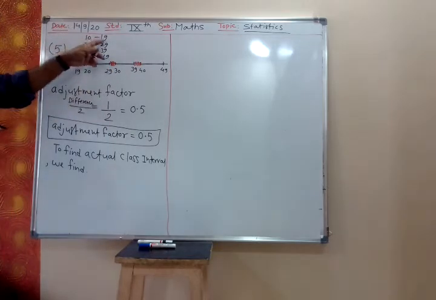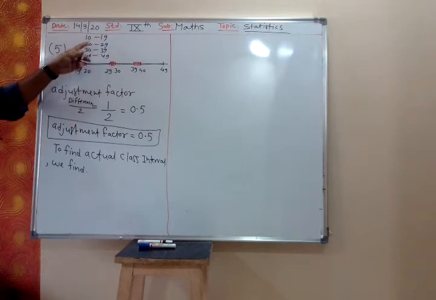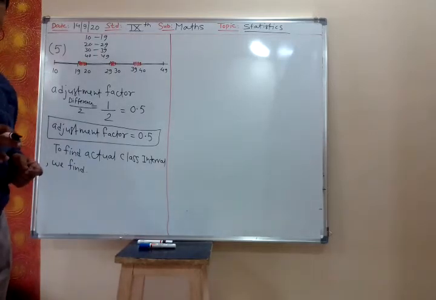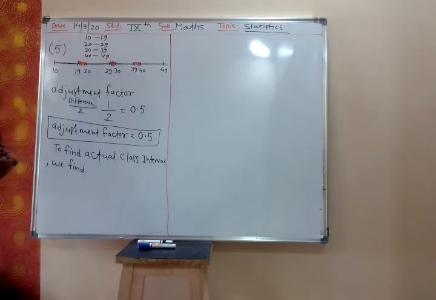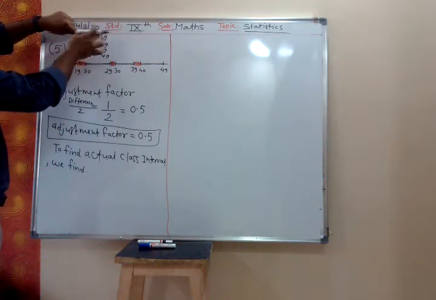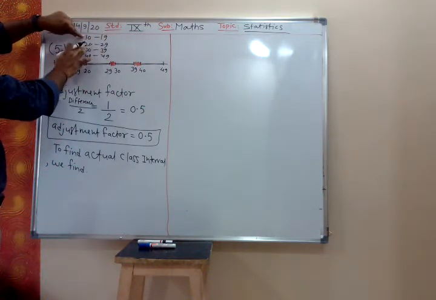Between 19 and 20, there is a gap of 1, that means they are not continuous. Always remember, we want the class intervals to be continuous. For example, if it is 10 to 19, the next should start from 19 onwards. It should not be 20.